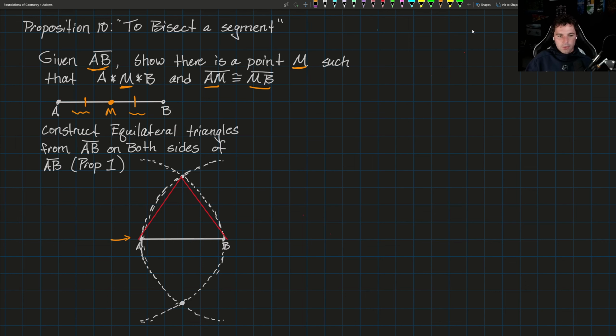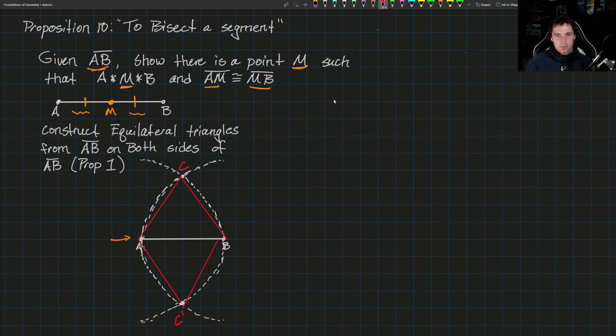And we're going to do this on the bottom side as well. Not the cleanest, but that'll do. And we're going to name these points C and C prime.